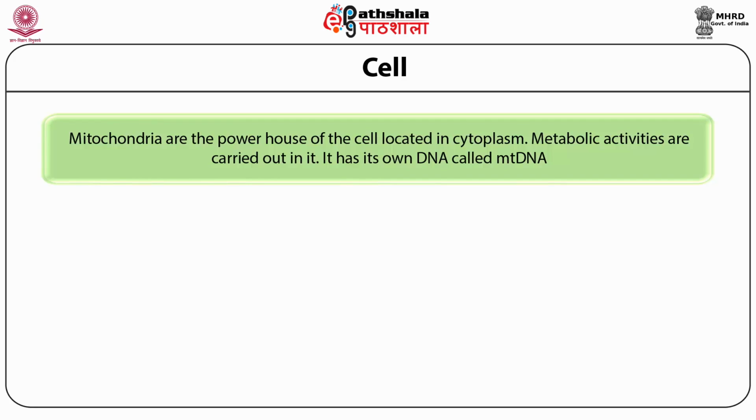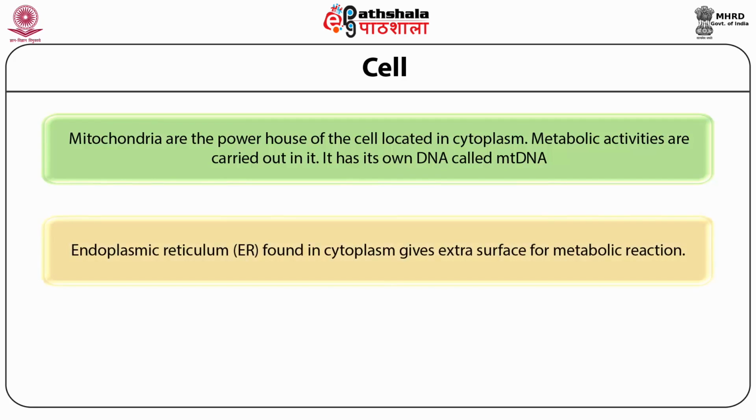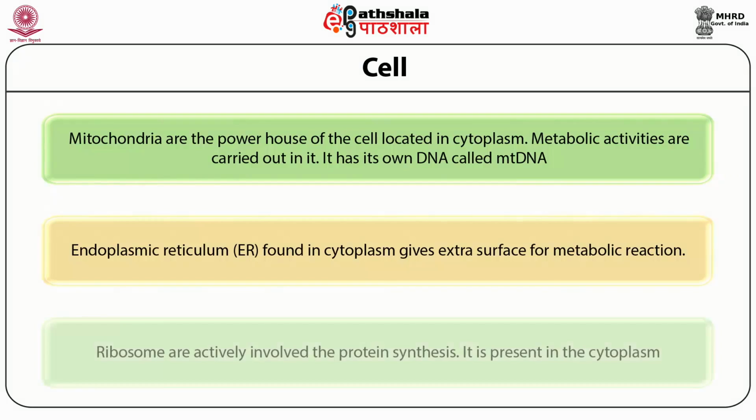Another complex structure that looks like a folded sheet, called the endoplasmic reticulum or ER, is found in the cytoplasm. The main function of the endoplasmic reticulum is to increase surface area within the cell for metabolic reactions to take place. Ribosome is another organelle within the cytoplasm whose main function is protein synthesis.